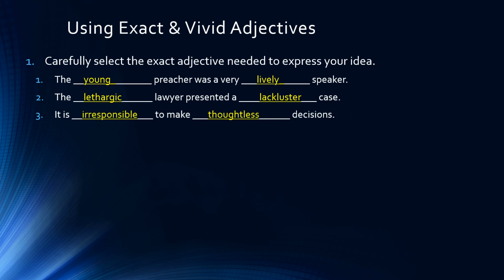It is irresponsible to make thoughtless decisions. So what we want to do is make sure, again, that we're using adjectives that convey exactly what we want to say and use them in such a way as to make our communication more vivid and more attractive.